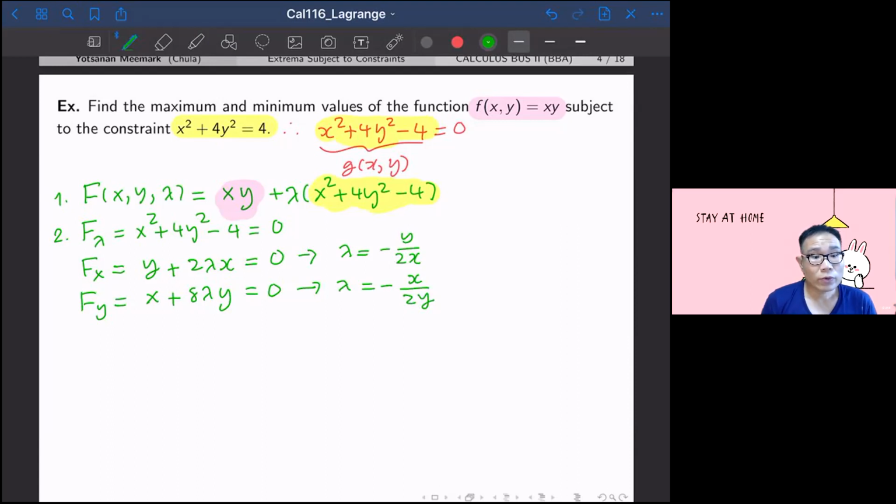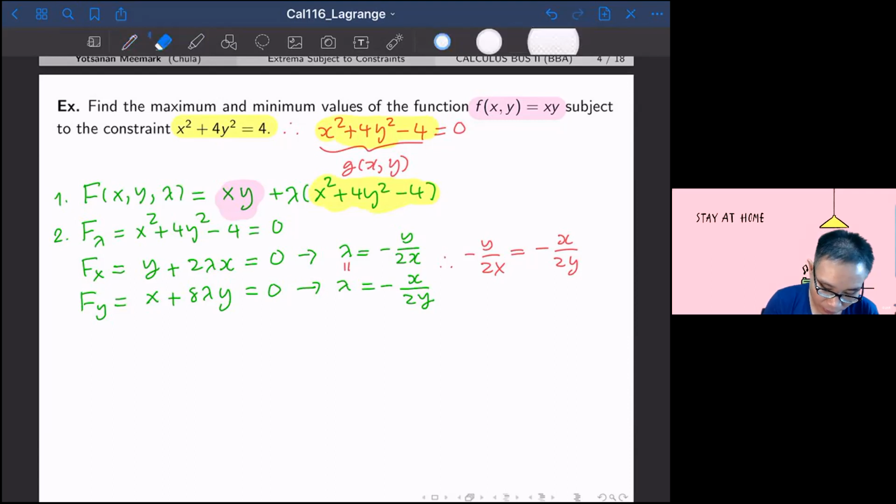So x and y have to satisfy these equations simultaneously. You solve for lambda, and these two expressions are the same, so you get negative y over 2x equal to negative x over 2y. I have 8 here, sorry.